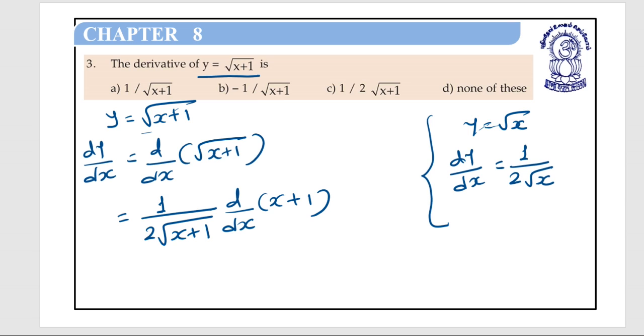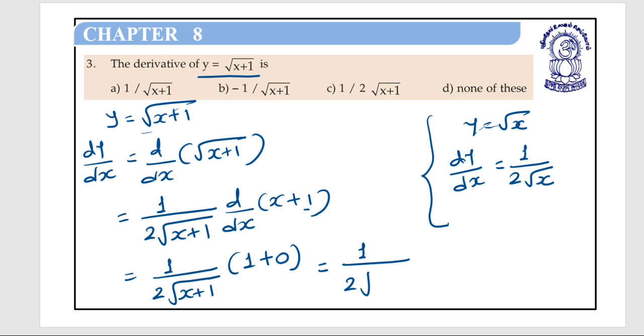So 1 upon 2 under root x plus 1, d by dx of x is 1, and for 1 it is constant, so differentiation is 0. So 1 upon 2 under root x plus 1. Option C is the right answer.